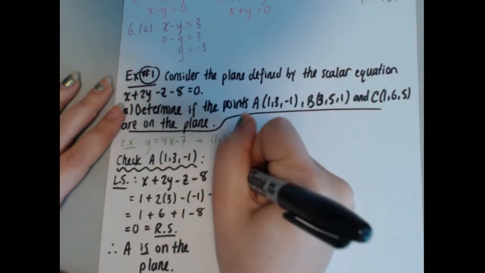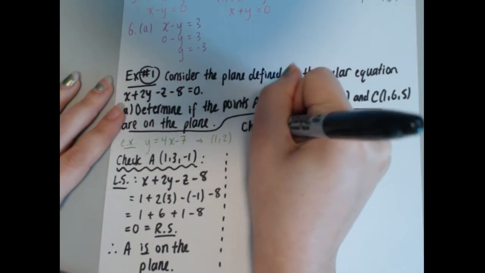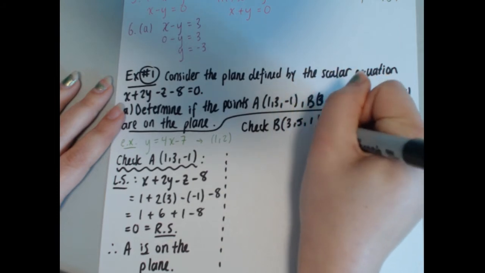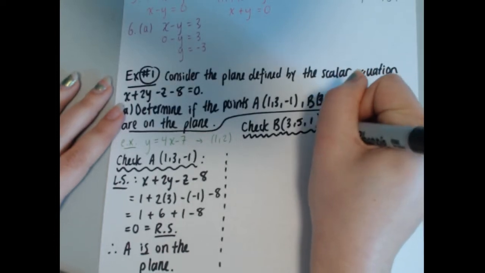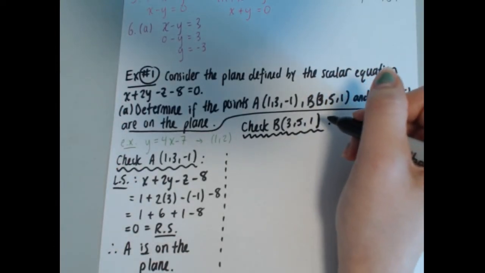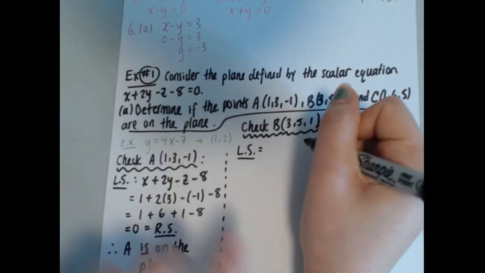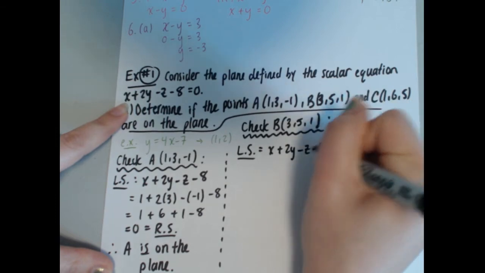Okay. Now we're going to check B, which is (3, 5, 1). By the way, feel free to pause the video at any time and try these on your own, and then you can always fast forward the video and see where you're at. Left side: x plus 2y minus z minus 8.